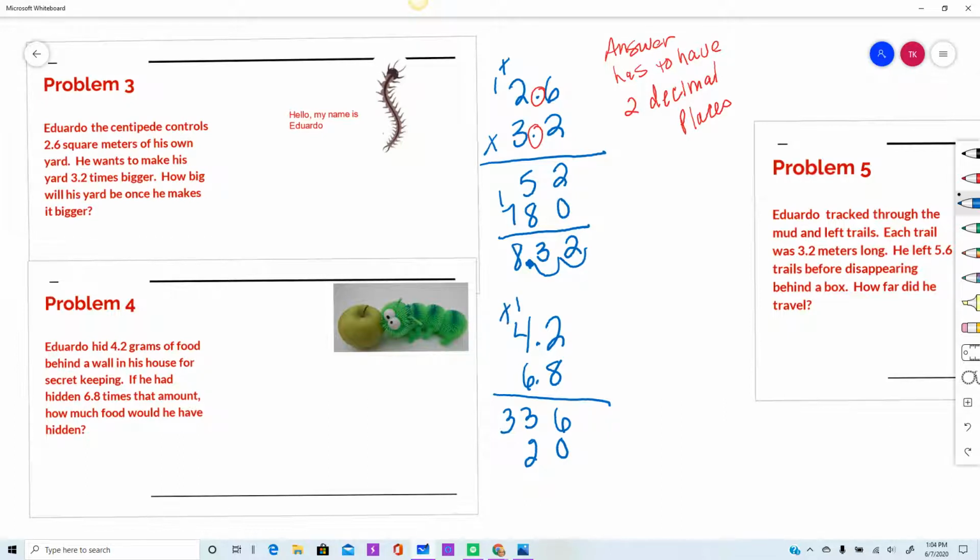Here's my other one. 6 times 4 is 24 plus the 1, 25. I'm adding them up. 6, 5, 8, 2. I have one decimal place and a second decimal place.